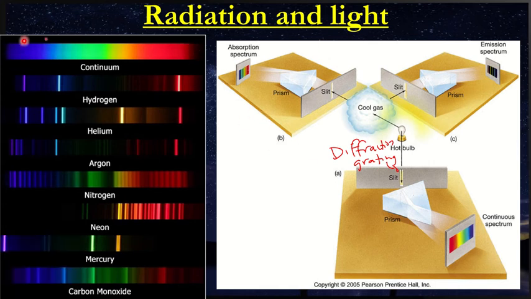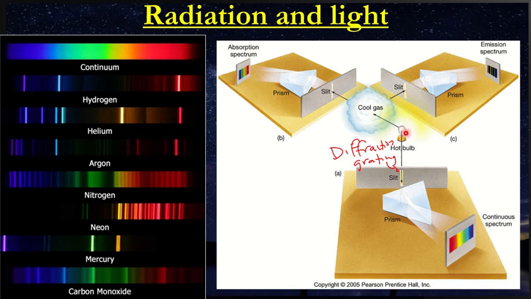If you have a look at this here, the continuous spectrum, all major light sources, the old incandescent light bulb, the sun, they all create this kind of continuous visual light spectrum. If you run this source of light through a gas, you'll come across something called an absorption spectrum.